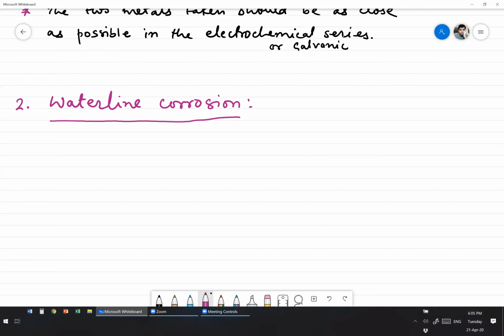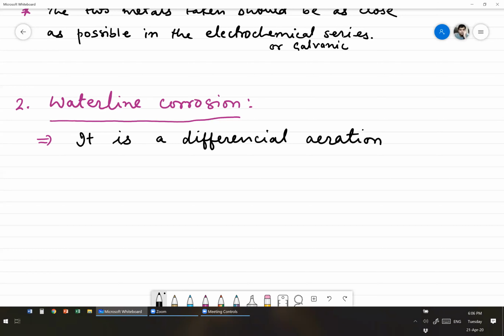Let me write: this waterline corrosion is actually differential aeration corrosion.